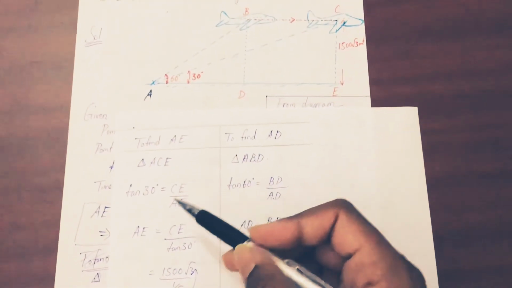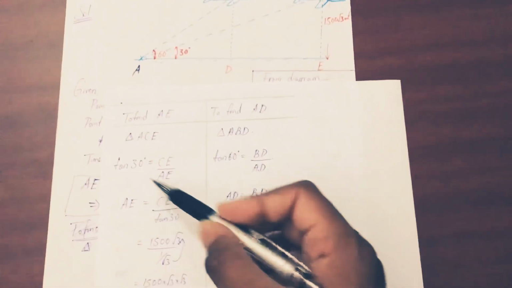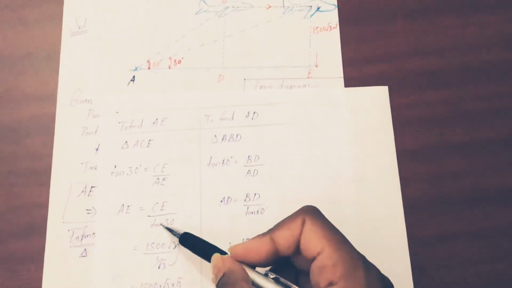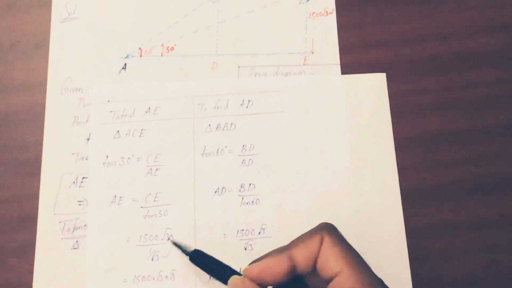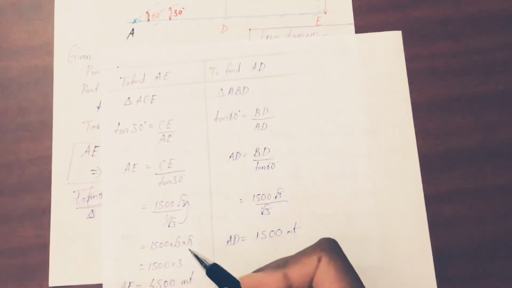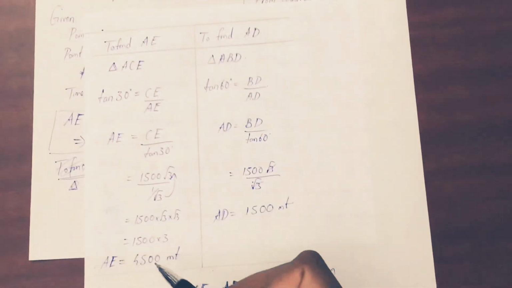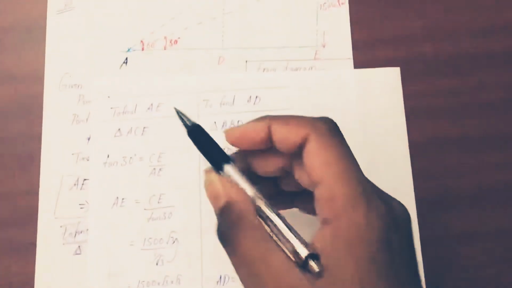So we substitute the values to get AE. AE is equal to CE by tan 30. CE is 1500 root 3 and tan 30 is 1 by root 3. So we just send that root 3 to the numerator. 1500 root 3 into root 3 we get 1500 into 3. AE is equal to 4500 meters. So that's the AE distance.